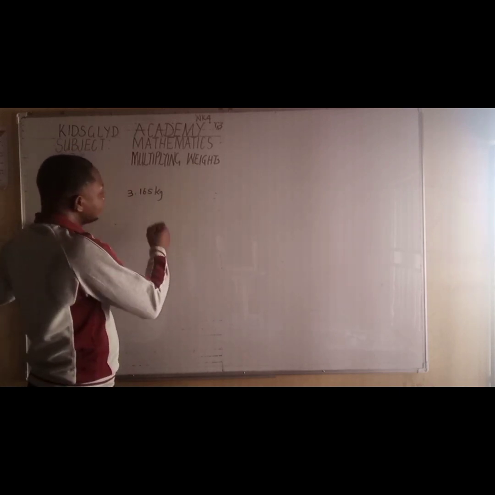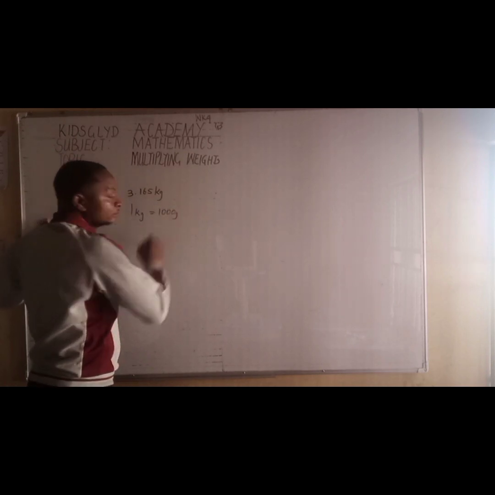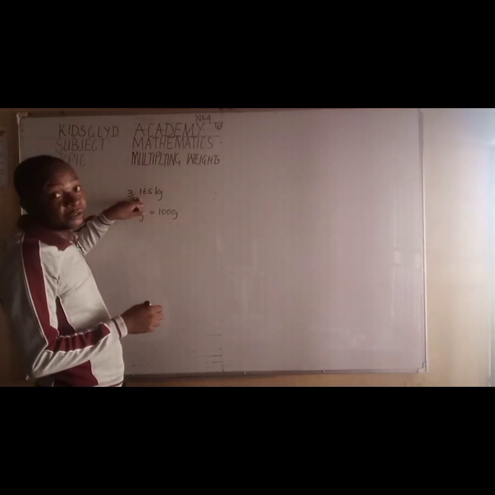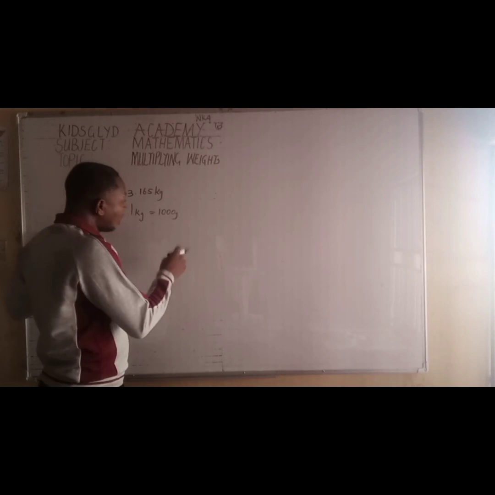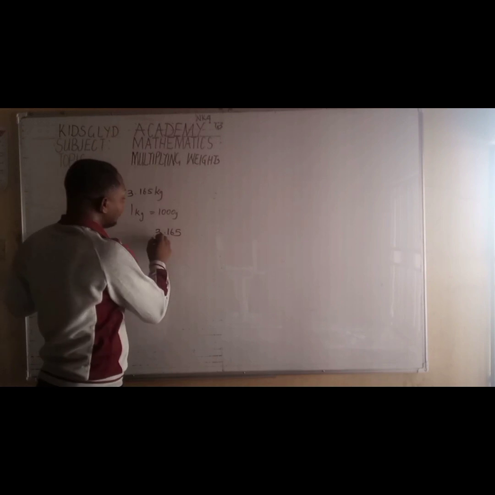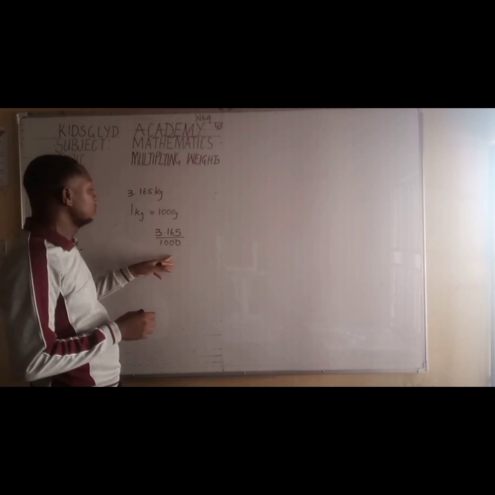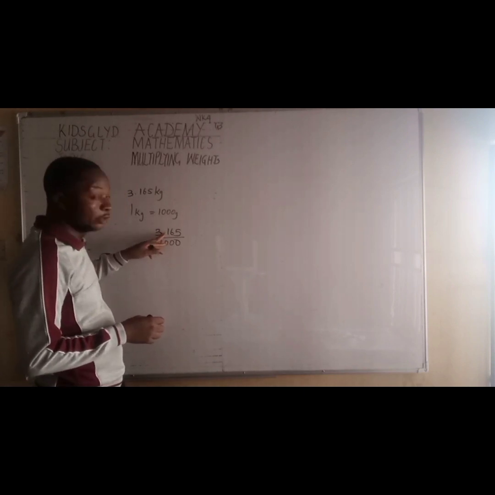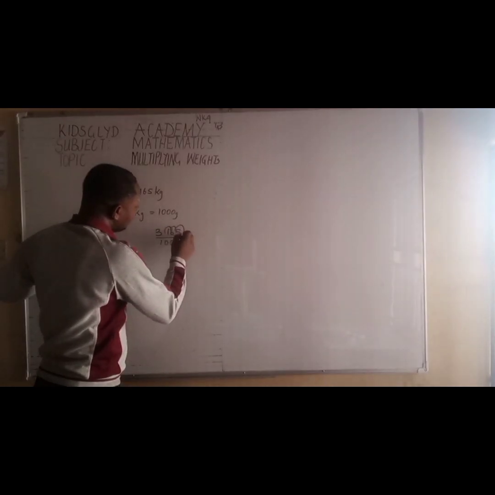Since 1 kg is equal to 1,000 grams, I multiply 3.165 by 1,000. When multiplying a decimal by 1,000, the decimal point moves 3 places to the right: 1, 2, 3.